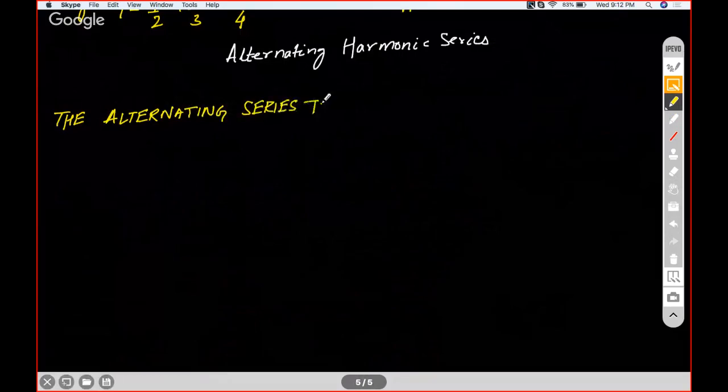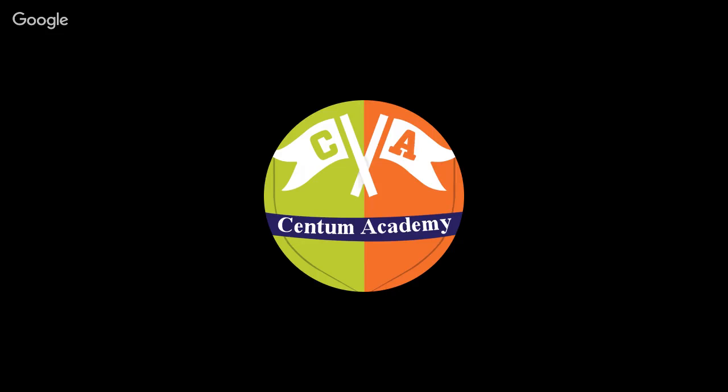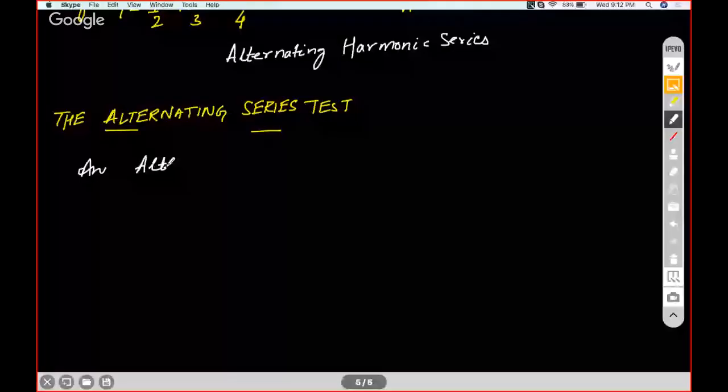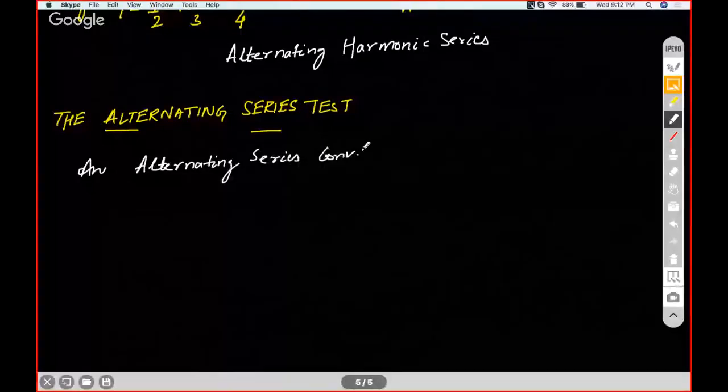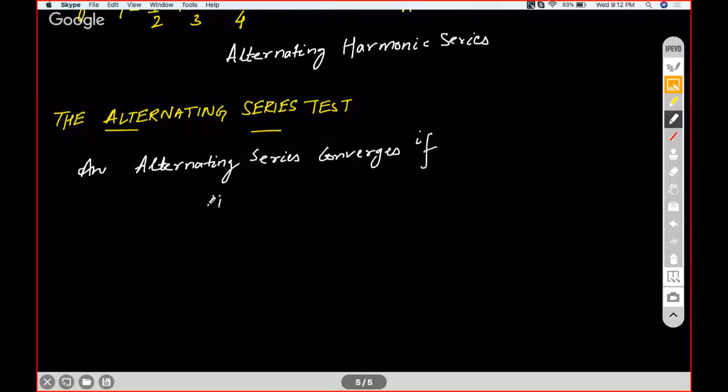The alternating series test says that an alternating series converges if it meets the following two criteria. Number one, its a(n+1) term should be less than the a(n) term for all n. Remember, I am still repeating this, a_k is taken as positive for all k.